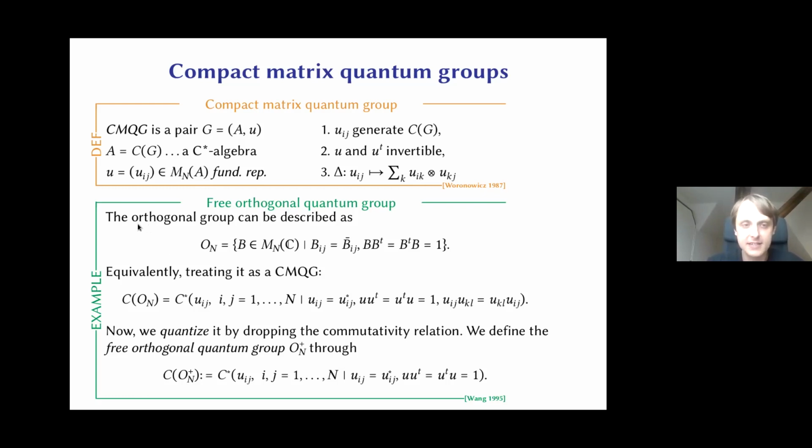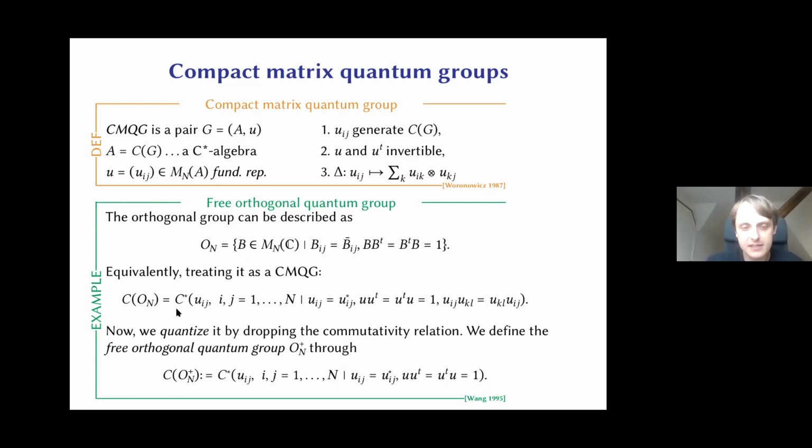So we may start with an orthogonal group. That's a group of orthogonal matrices, right? So matrices that have real entries and they are orthogonal. And we can also describe this as a quantum group. So the C-star algebra here, the meaning will always be the continuous functions over the group or the quantum group somehow.